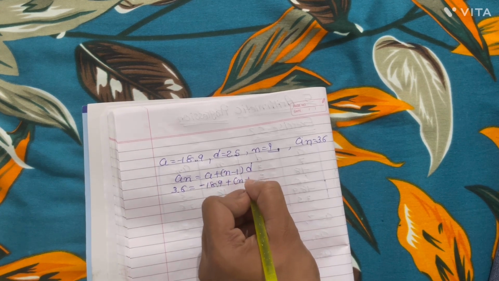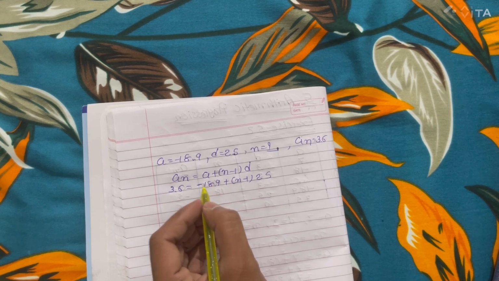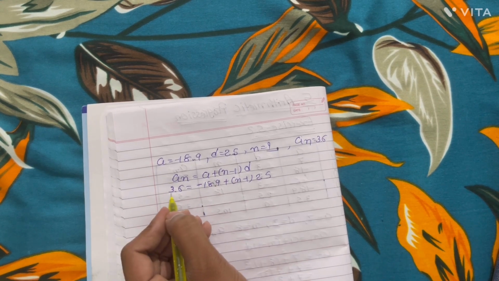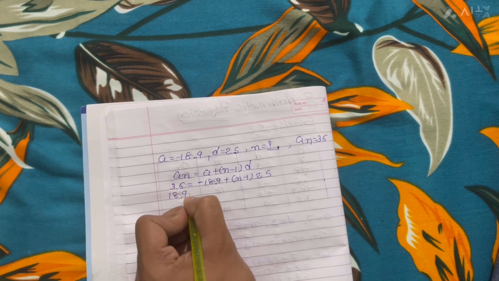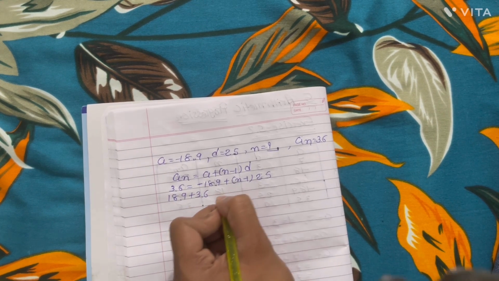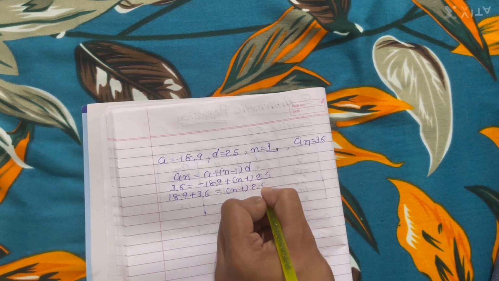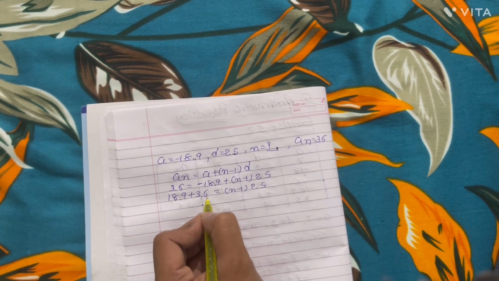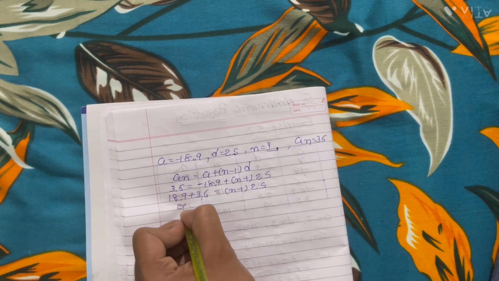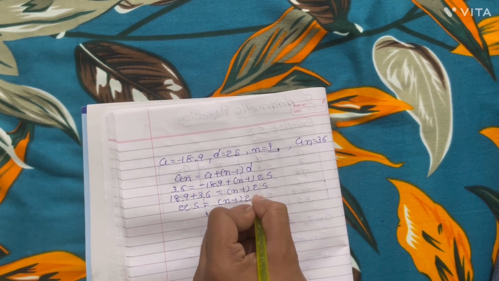N minus 1 you have to find. d is equal to 2.5. Minus 18.9 goes to this side, then it turns out to be positive. So positive 18.9 plus 3.6 is equal to n minus 1 into 2.5. So 18 plus 3 is 21, plus 0.5, so it gets 22.5 is equal to n minus 1 into 2.5.